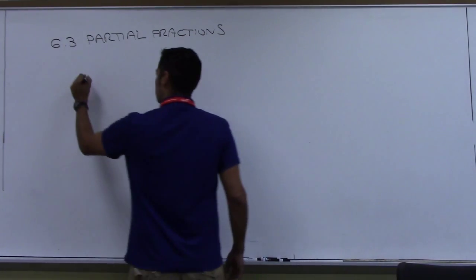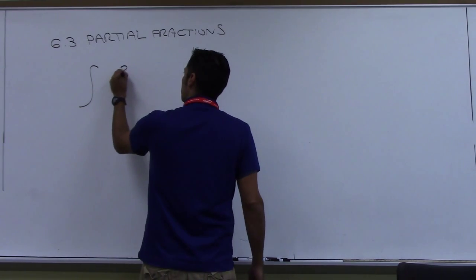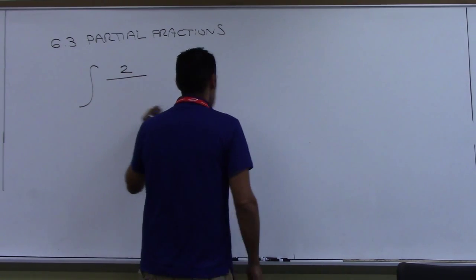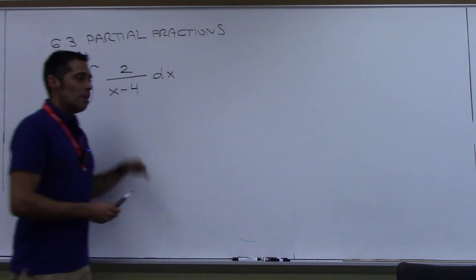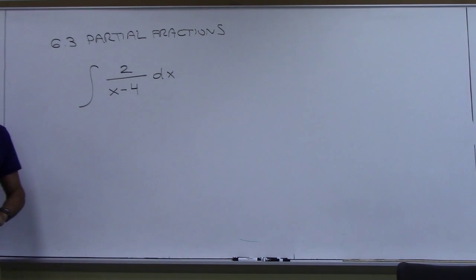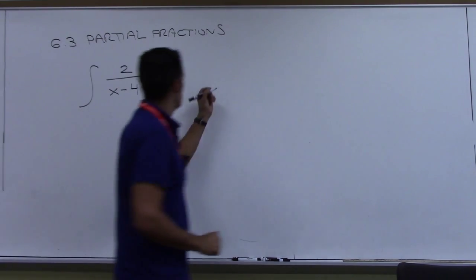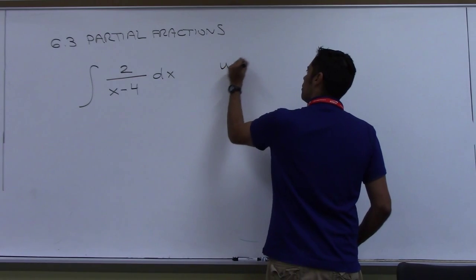First one. If we have a constant like 2 divided by a linear expression like x minus 4, so a constant divided by a linear expression, we can handle this really easily if we make a substitution of u being the bottom, basic substitution. u would be equal to x minus 4.